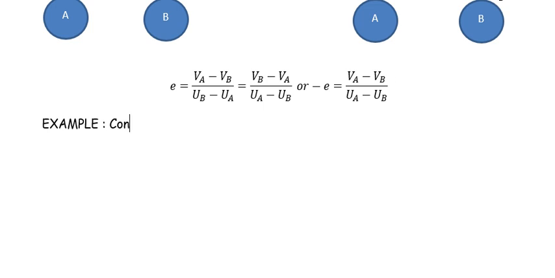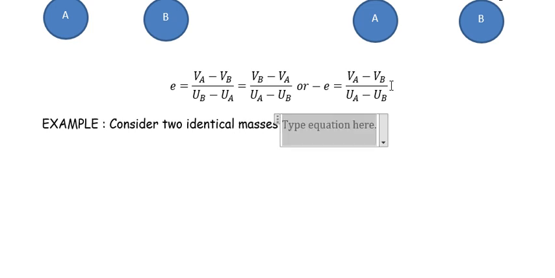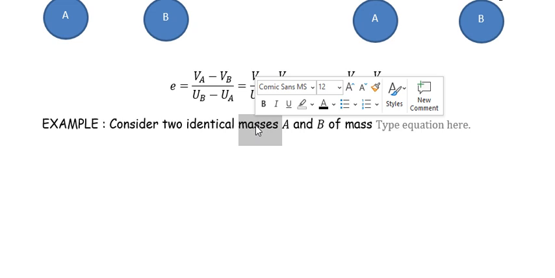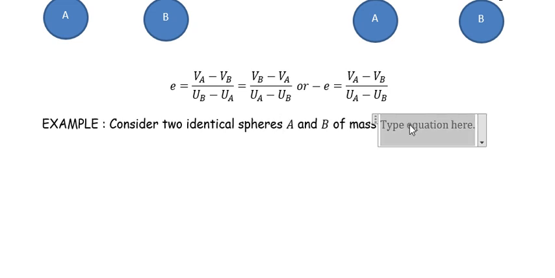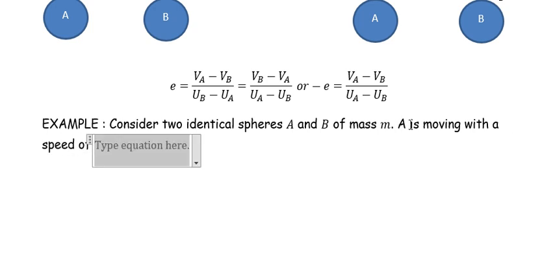consider two identical spheres A and B of mass m. Now A is moving with a speed of u meters per second towards B, which is stationary.